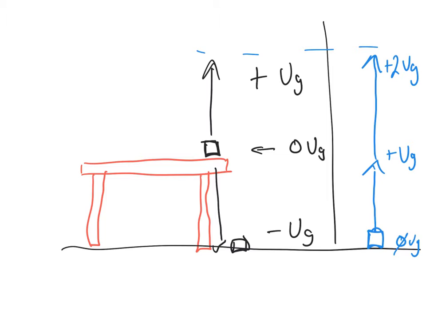But what's important to understand is that the change in gravitational potential energy for both of these is going to be exactly the same. If I go up, it's going to be a positive ΔU_g. If I go down, it's going to be a negative ΔU_g. And the magnitude of that change is going to be the same regardless of what my frame of reference is.